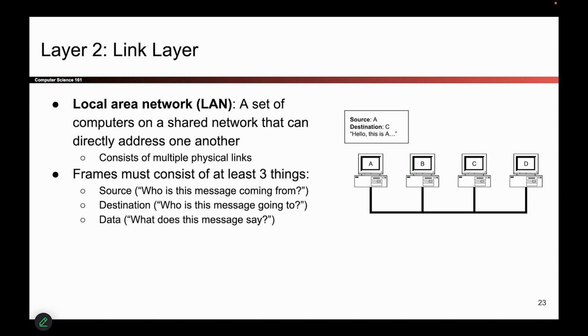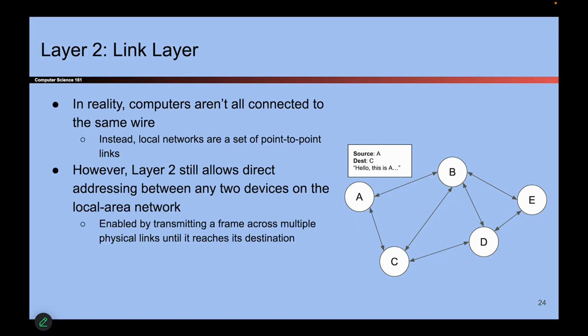Both are OK. Which one you use depends on the network that you are designing. But ultimately, it's still connecting everyone inside of a local network. So just know that sometimes you might see a local network that looks like this. Sometimes you'll see a shared wire like the one you saw on the previous slide. But all of these are valid layer 2 local networks.